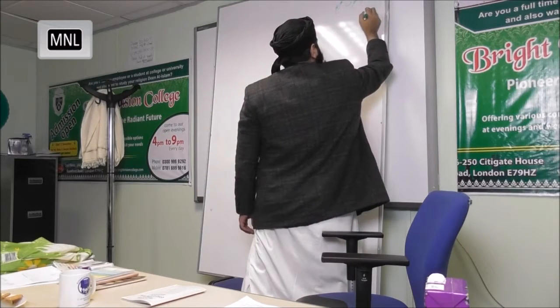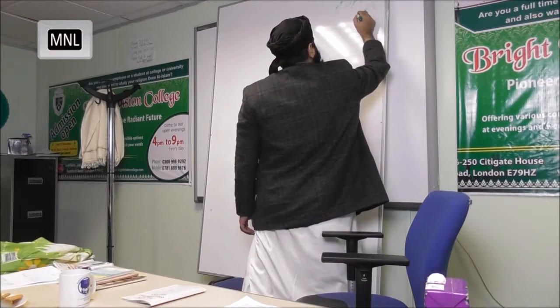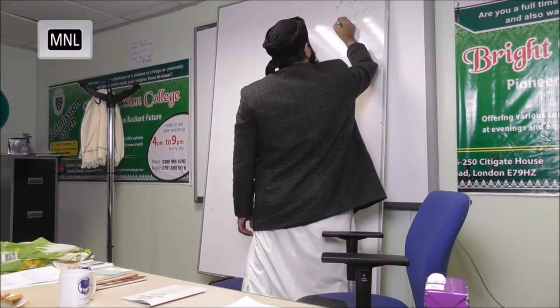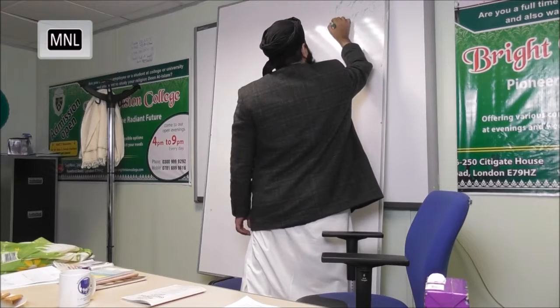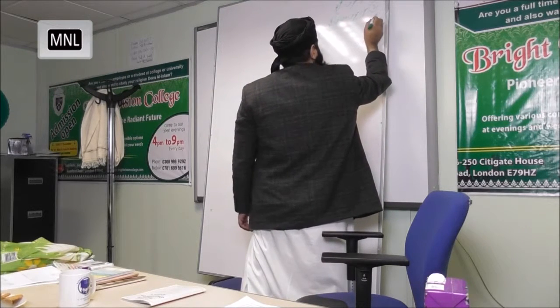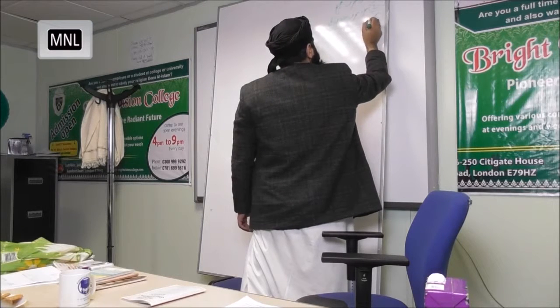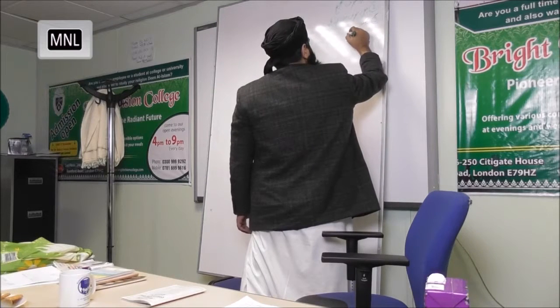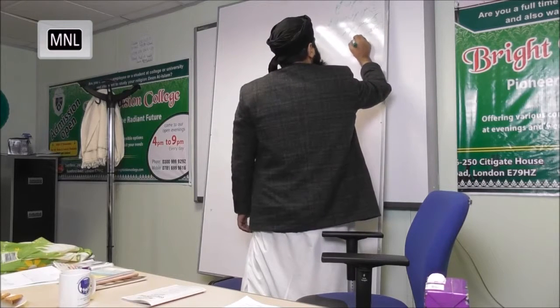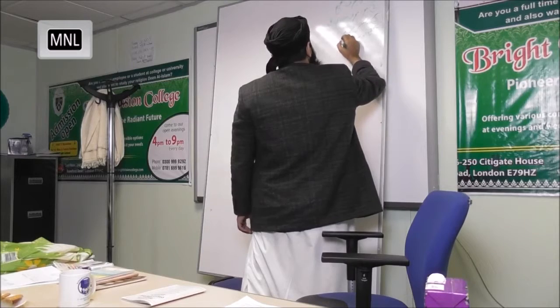The second one is mufrad, munsarif, jari majra sahih. The third one is jama mukassar munsarif. The fourth one is jama muannas salim.